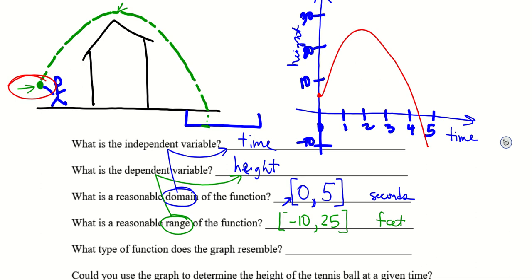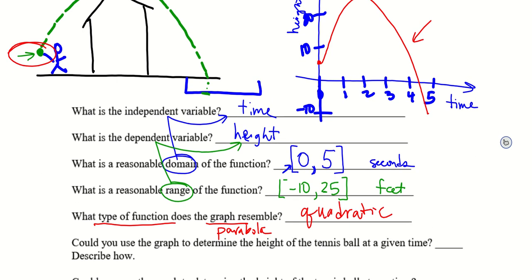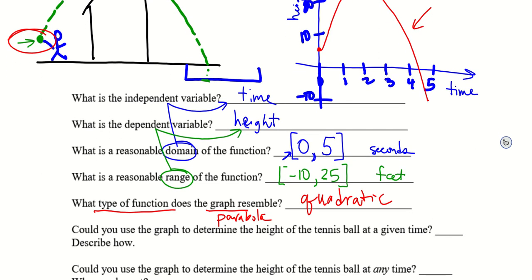Does this graph look like any graphs we're familiar with? Well, hopefully you're saying, yeah, that looks like a parabola. And a parabola is the graph of what type of function? Well, it is a graph of a quadratic function. Could we now use the graph to determine the height of the tennis ball at a given time?